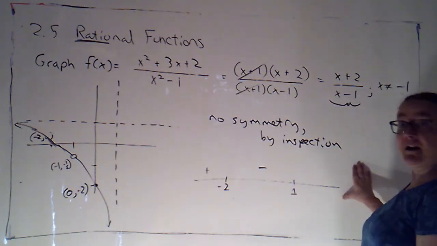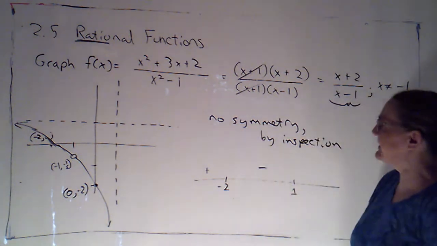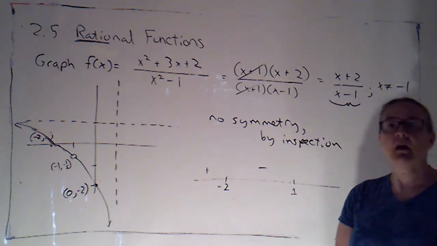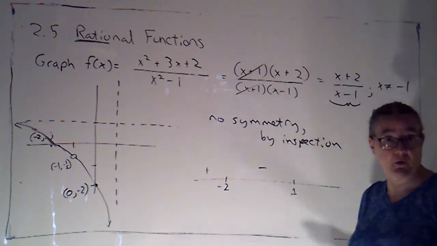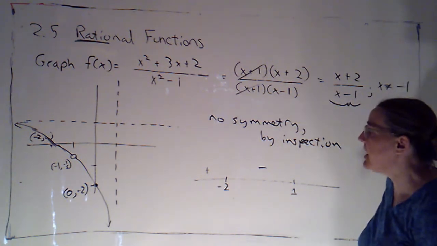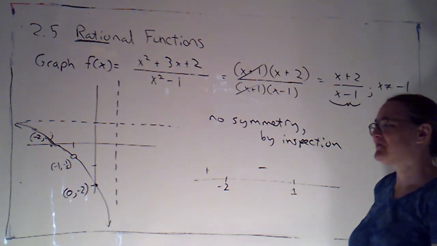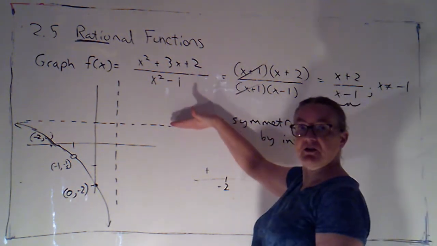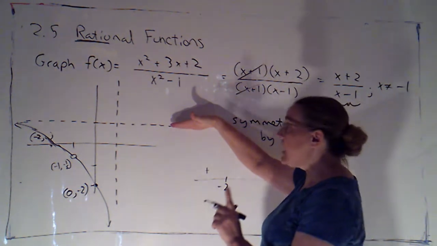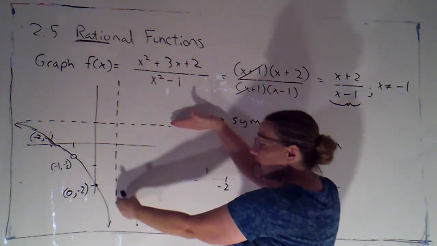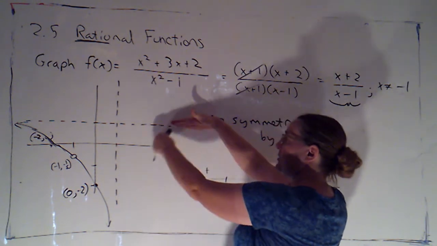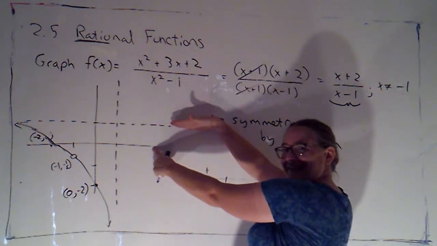Now, to the right of 1, we're playing connect the dots and we have no dots. Well, I've got a couple of options. One, I could actually just pick a test number and plot a point to see whether we're positive or negative. But I can actually figure it out because I know I have to end up close to 1, and I know I have to start either way high up or way low down. If I started way low down, in order to end up close to 1, I'd have to cross the x-axis.